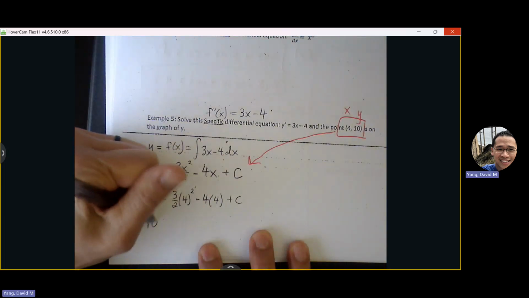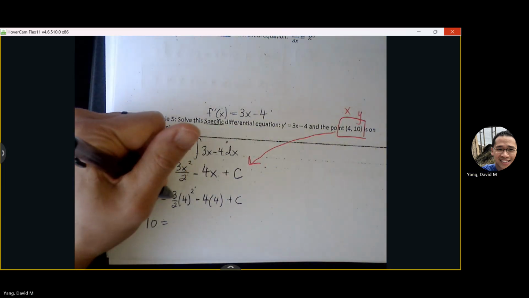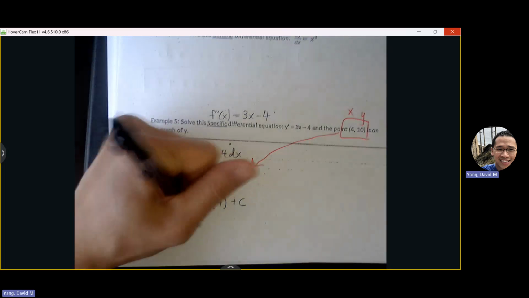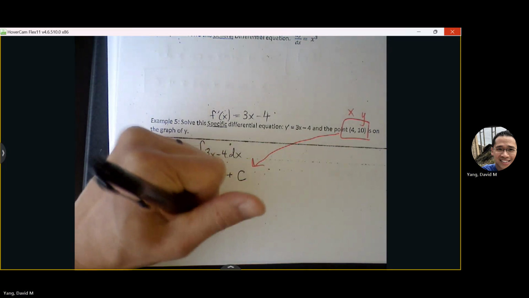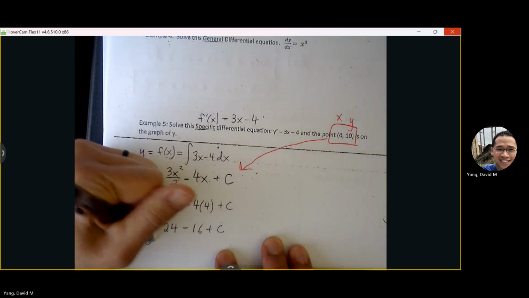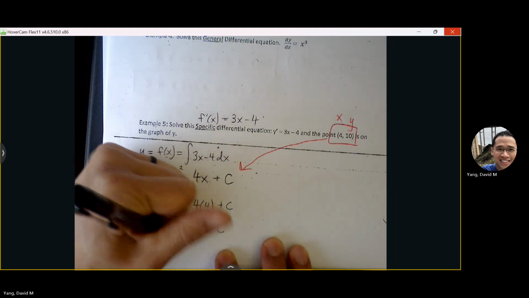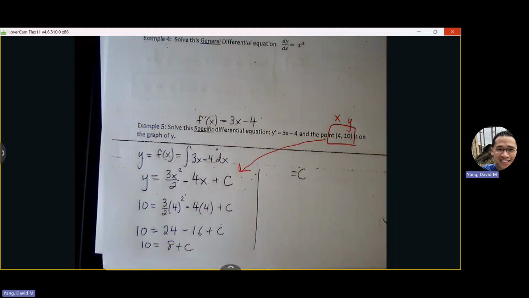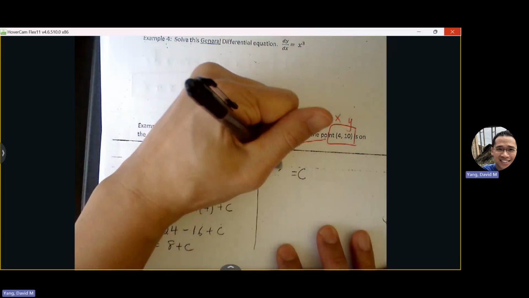Okay. And then we're just solving for c here. So I have 16 over 2 is 8. 8 times 3 is 24. And I get c is equal to 2.